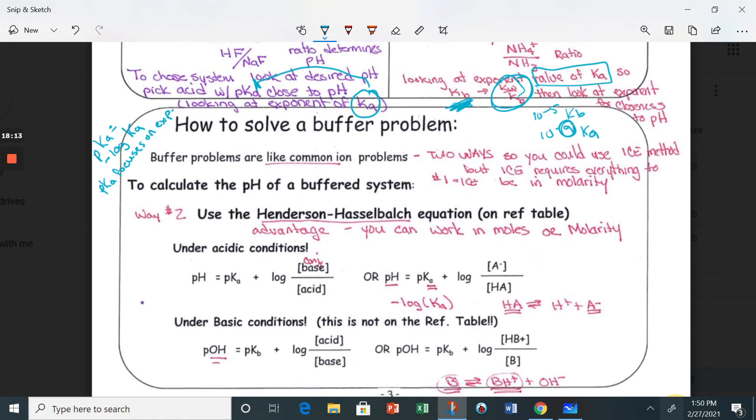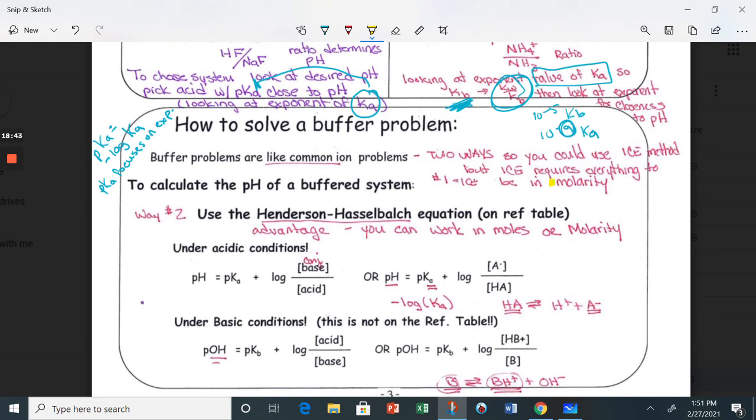Alrighty. Now, when we actually go to calculate buffer problems, there are 2 ways to solve them. One is to do the RICE table, which is page 1 and 2. If you're like, I love RICE, I don't want to learn something else, here's the thing, and I talked about this in class. If you decide you love to do RICE, you have to use molarity.